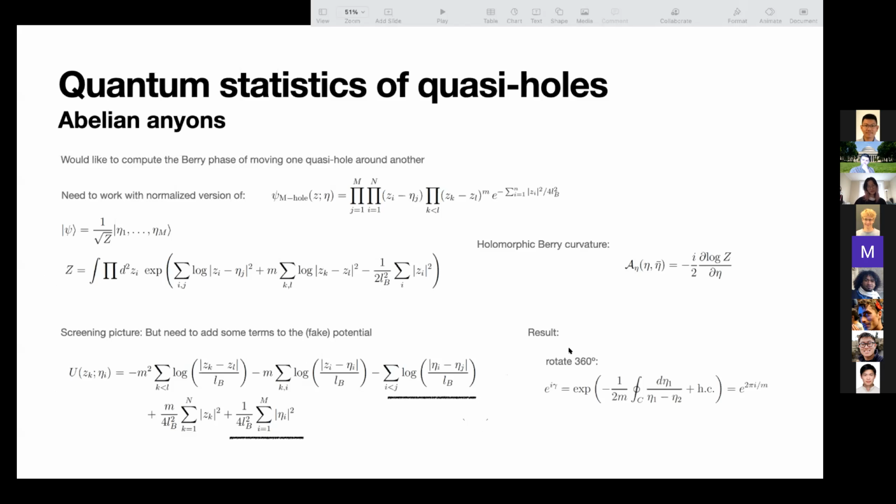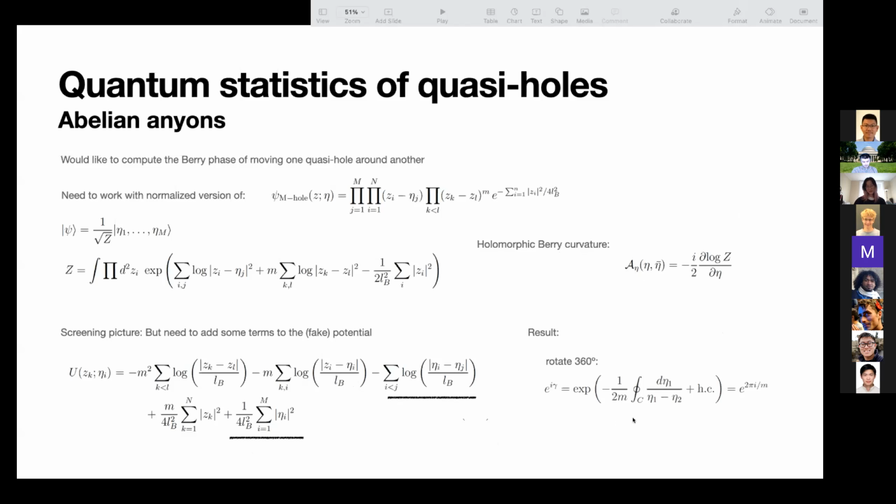So that means the Berry curvature of this part actually vanishes. We only need to consider the effect of these two underlying terms on the Berry curvature. This is much easier to deal with because we don't need to integrate over those z's. Indeed, if we compute the holomorphic Berry curvature of this, we get some factor like this.